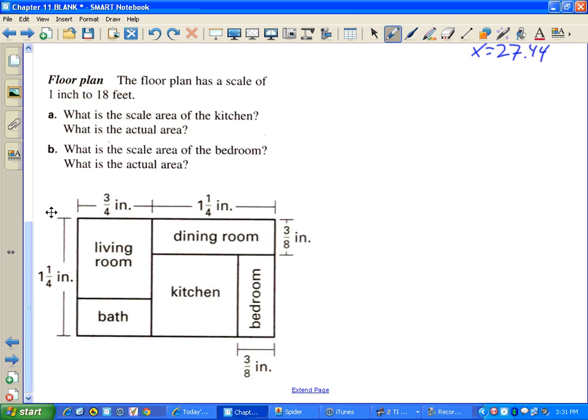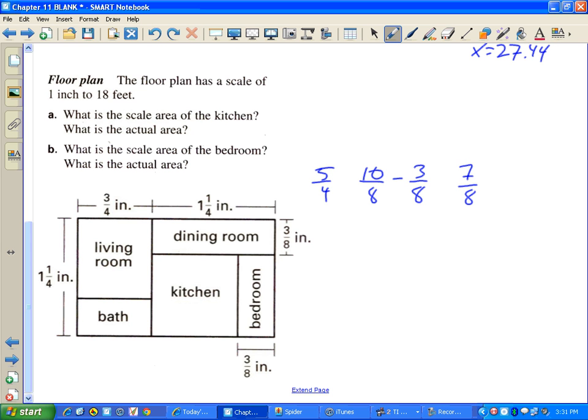Okay, so let's see here. This is 1 1/4 inches. So if I take away 3/8, that will tell me what this piece is. Well, 1 1/4 is 5/4, which is really 10/8. Okay, and I want to subtract 3/8.